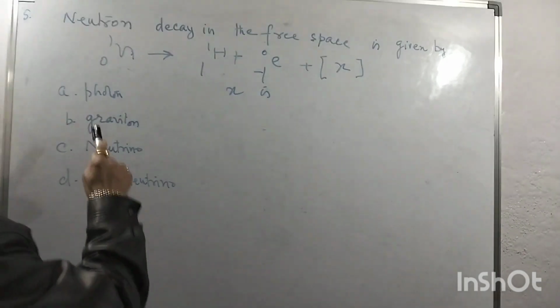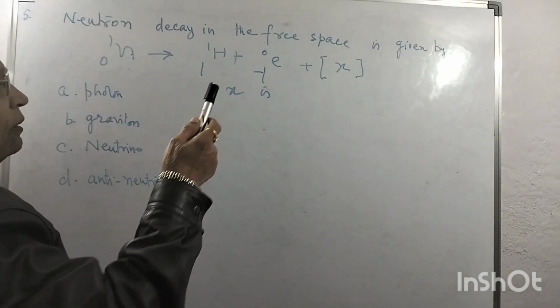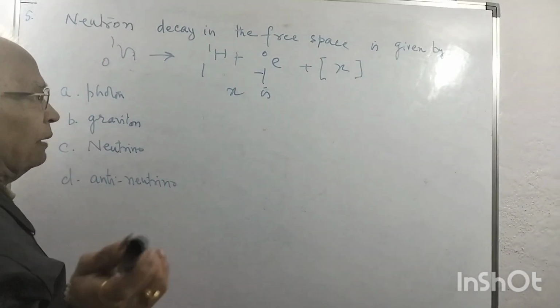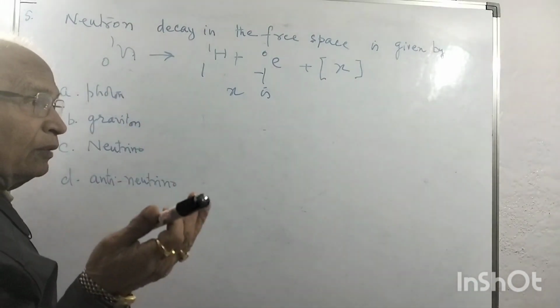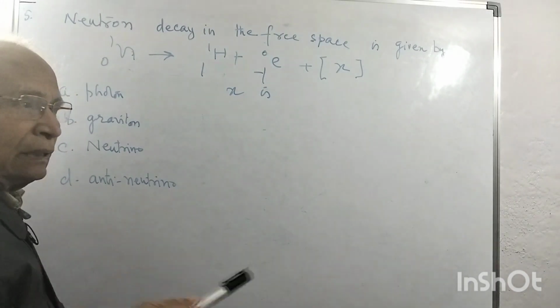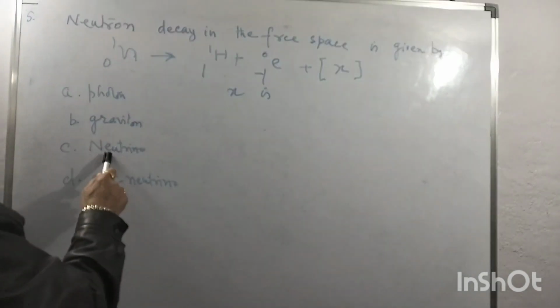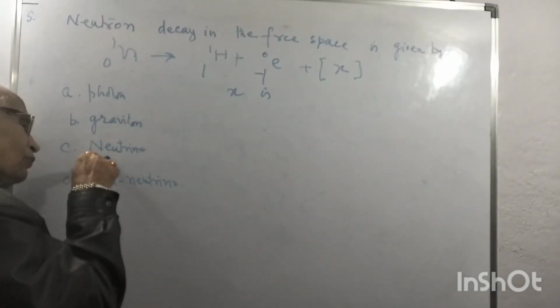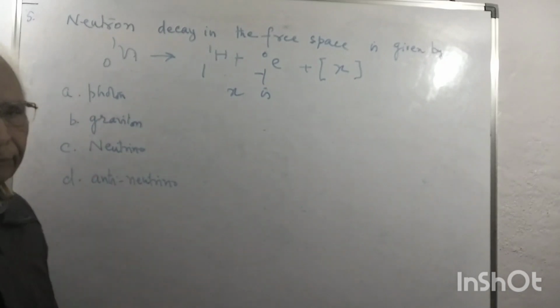Photon cannot be there, because we would have to explain where the photon is coming from. Graviton is the gravitational particle. It can be either a neutrino or an antineutrino.